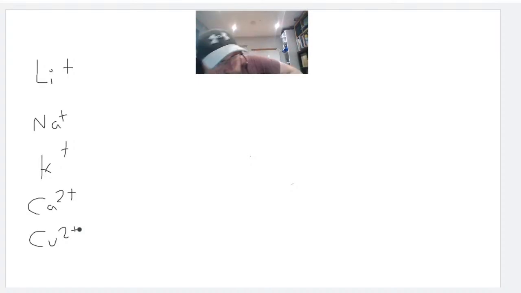Great. Now, think about it. These ions, you cannot have lithium ions on their own in a solution. You cannot have sodium ions on their own. They do not exist in this form on their own. A positive ion always needs a negative ion. There's no such thing as a solution of lithium ions.